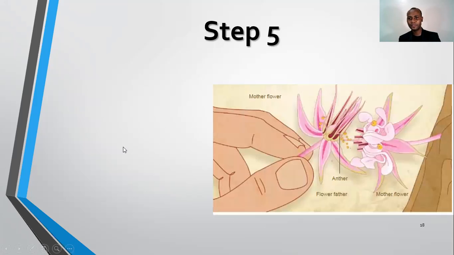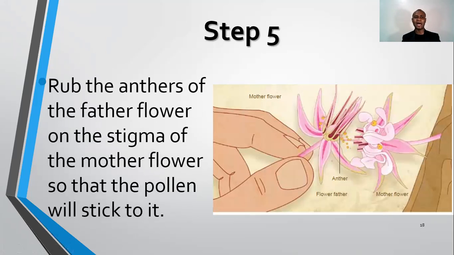And then what you are going to do is rub the anthers of the father flower on the stigma of the mother flower so that the pollen will stick to it. Now you hold it like this, and you rub the pollen on the anther onto the stigma like this. And when you do it, fertilization takes place.